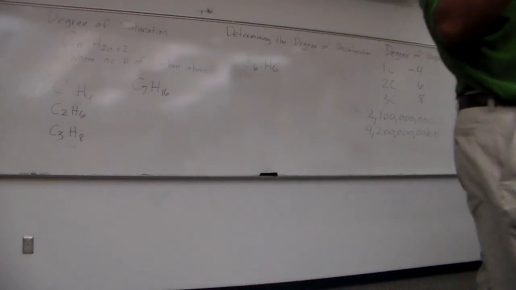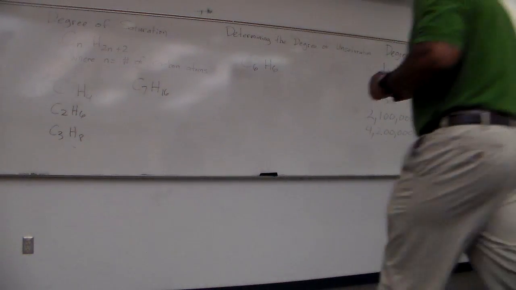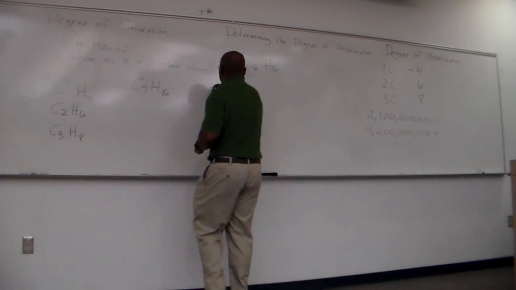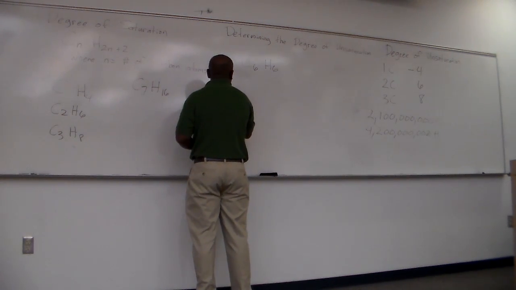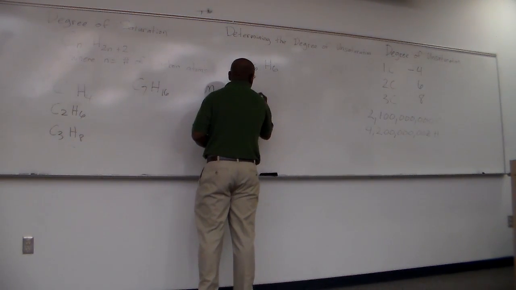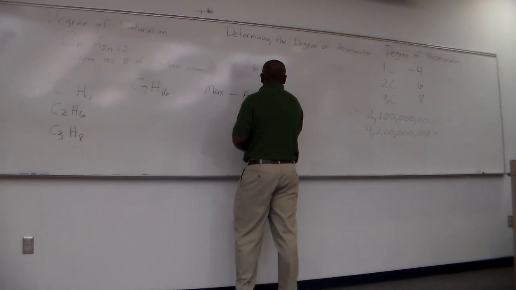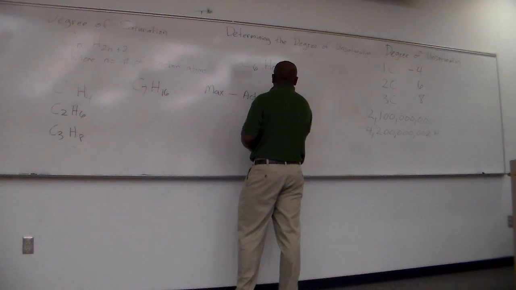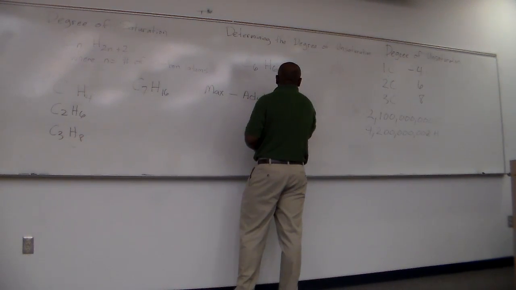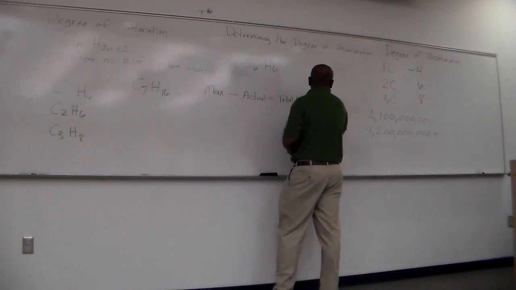What's the maximum number of hydrogen atoms to go around 6 carbons? 14. So you're going to take the max minus the actual, total divided by 2, and that's equal to the degree of unsaturation.